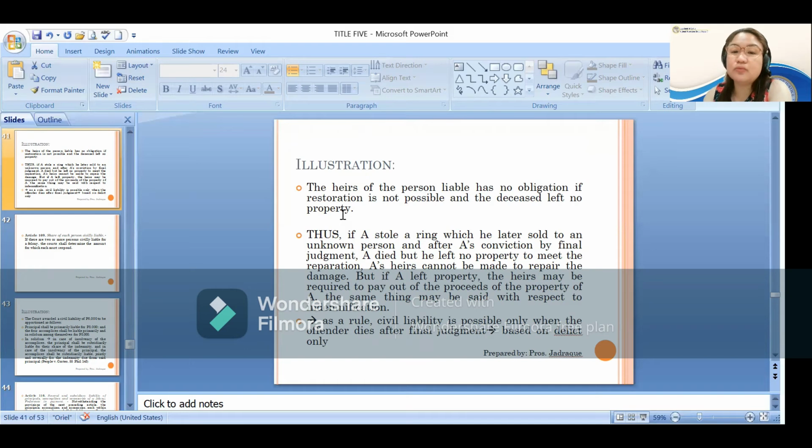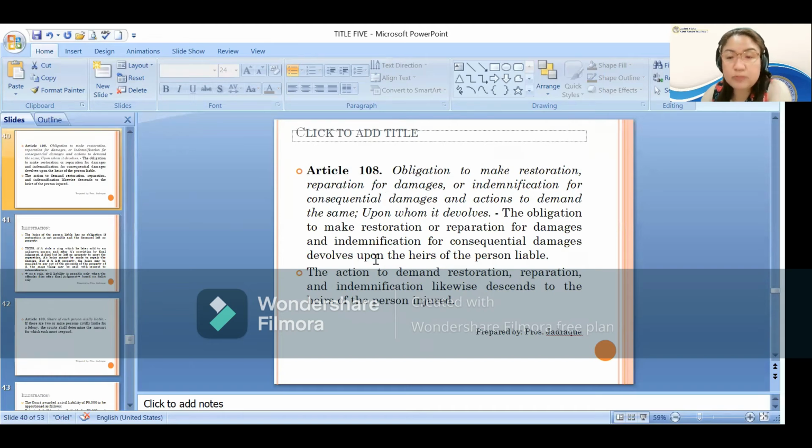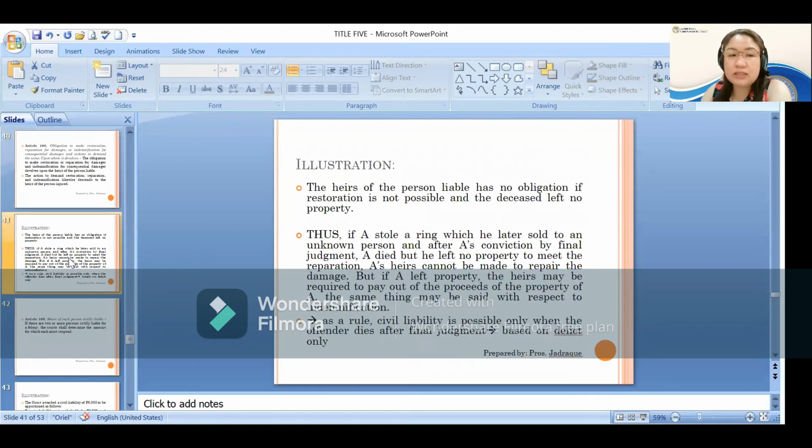Because while it would devolve upon the heirs, we have to reconcile the fact that the heirs of the deceased offender are not criminally liable, but they have the obligation, just in case the accused deceased is proven to be civilly liable as well for the crime he commits.